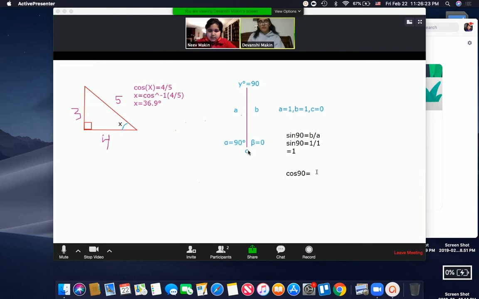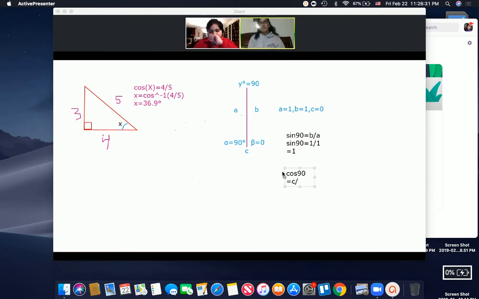So we have c over a, which is equal to 0 over 1. And as we know, 0 over anything is equal to 0. So 0 over 1 is equal to 0.